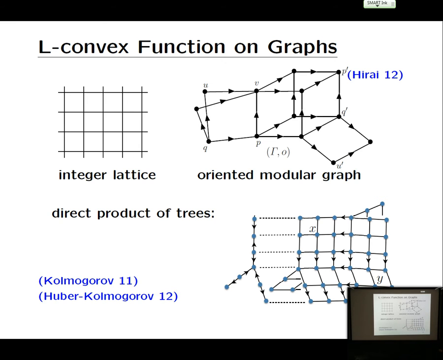It looks like this. And we assume that orientations are given on edges. So in Kolmogorov's approach, it was a rooted tree, but here, any directions, so arbitrary directions. And also here we have direction.